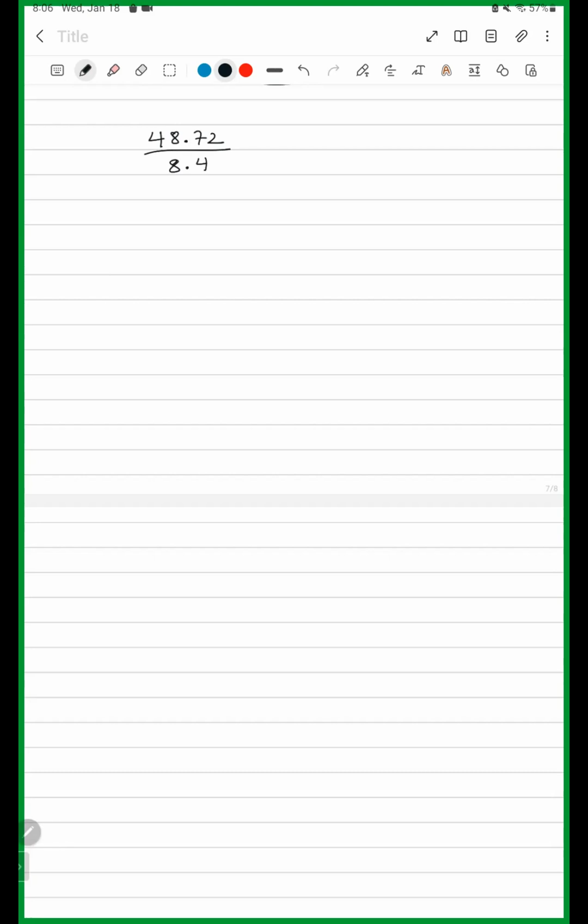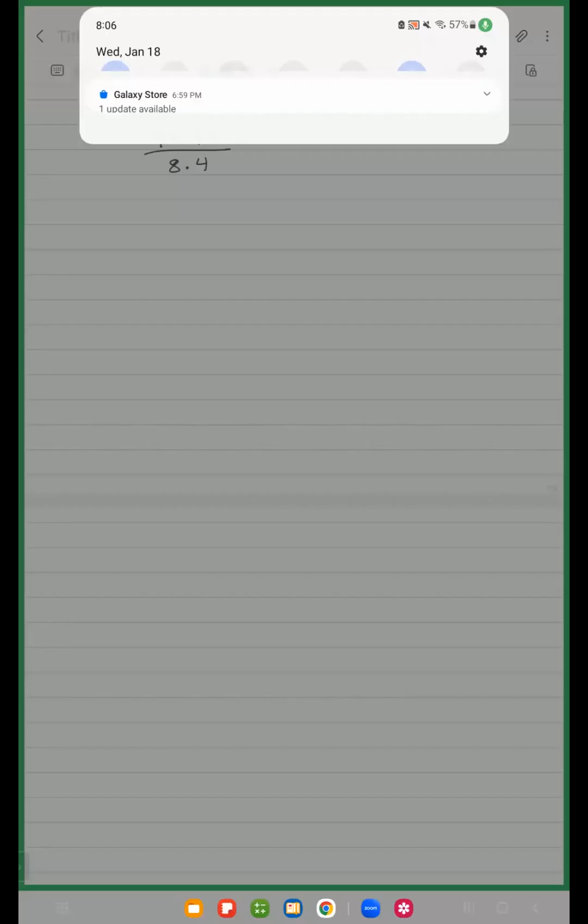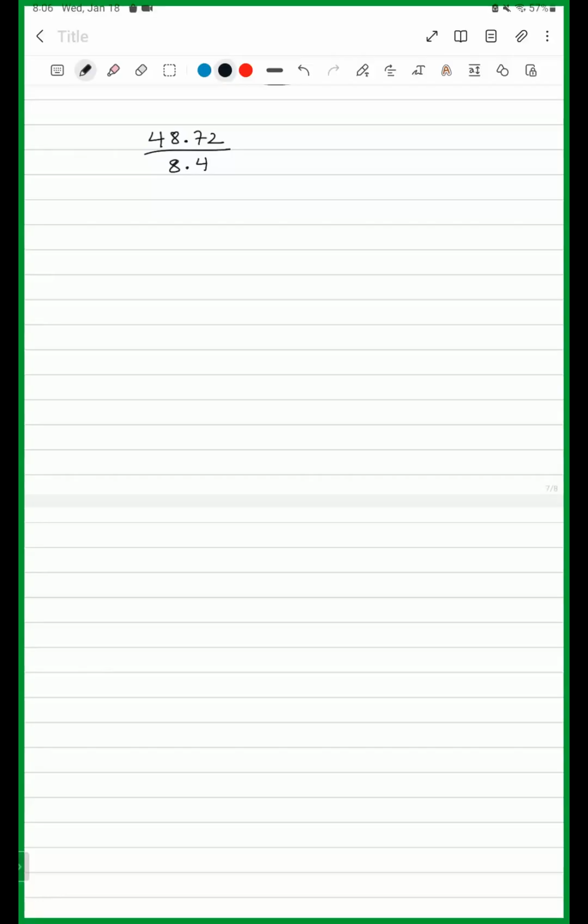So this is what I am, dividing decimals. Okay. So this is what I was telling you, that what you have to do is just, on top and bottom, you don't have to multiply by 100. If you're not understanding that, then okay, no problem, multiply it with 10. Okay, multiply by 10. After multiplying by 10, we saw what we will have: on top 487.2 will come, right? This thing will move one place, over here also it will move one place, so we have 487.2 divided by 84.